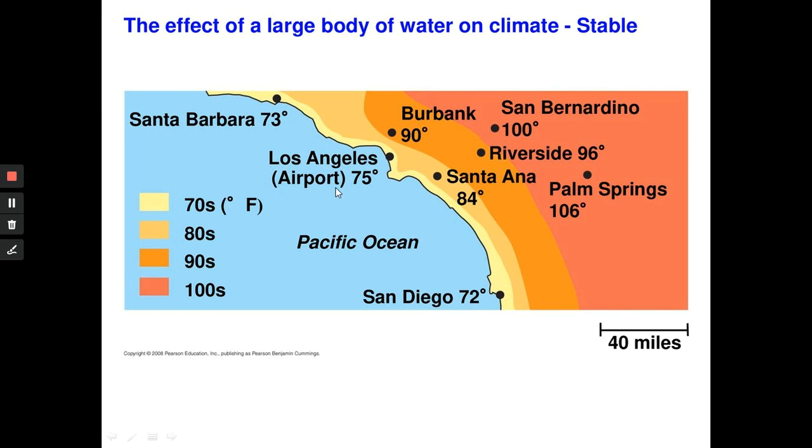As you go farther inland, the average temperature quickly rises. That's because inland there is no close body of water to supply the sea breeze and keep temperatures cooler. So as you go down to Palm Springs or San Bernardino, the temperature easily goes beyond 100 degrees. I'm sorry, not Celsius, 100 Fahrenheit.